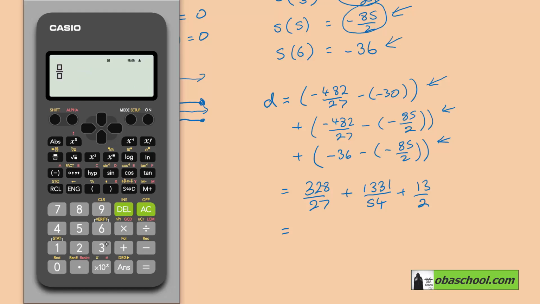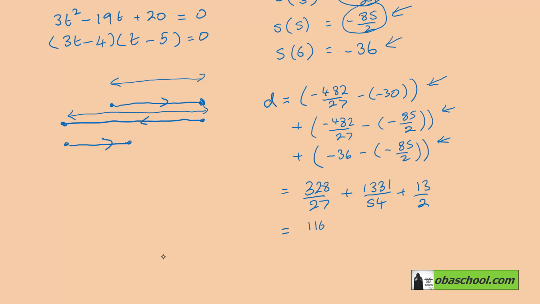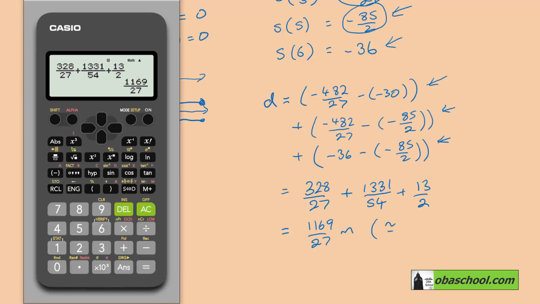So we've got 328 on 27, add 1331, well, that is a fraction really, 1331 on 54, add 13 on 2, and that gives me 1169 on 27 meters, which is approximately 43.3.